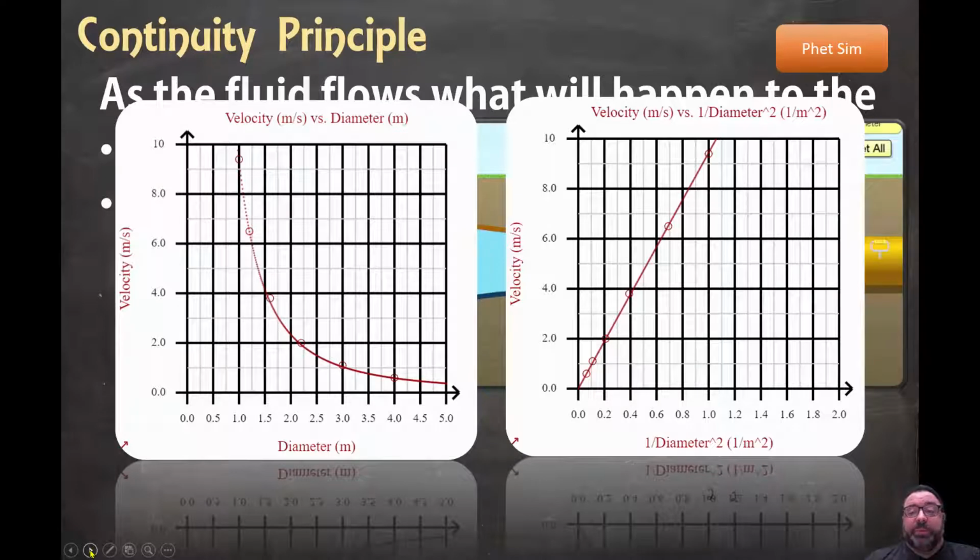Then when you plotted velocity versus 1 over the diameter squared to linearize it, you got a linear relationship backing up your idea that it was an inverse squared relationship. This tells us that the velocity of the liquid in the pipe is proportional to 1 over the diameter, or the radius, whatever way you want to use, squared. Now we want to see if we can use some physics principles to back up and justify our experimental results.